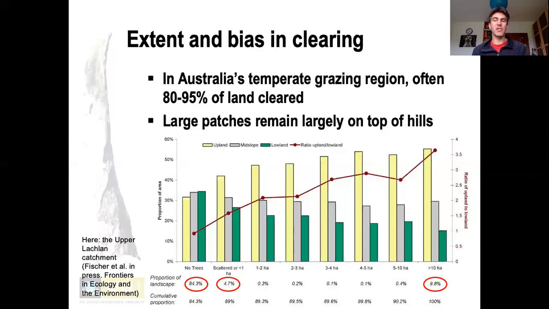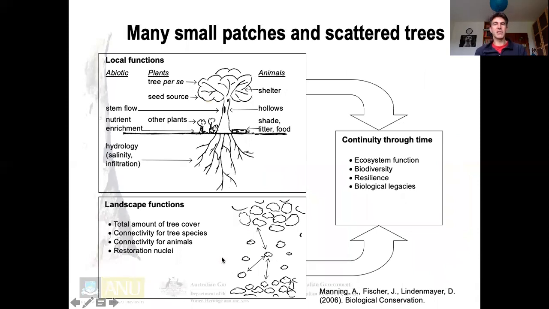Most of what is left, or a lot of what is left, is actually very small. So there's quite a few of these ones. If you want to look at lowland vegetation, especially the green stuff, then a lot of that is very small patches. So very small patches and scattered trees is what we're dealing with in this landscape to an extent.